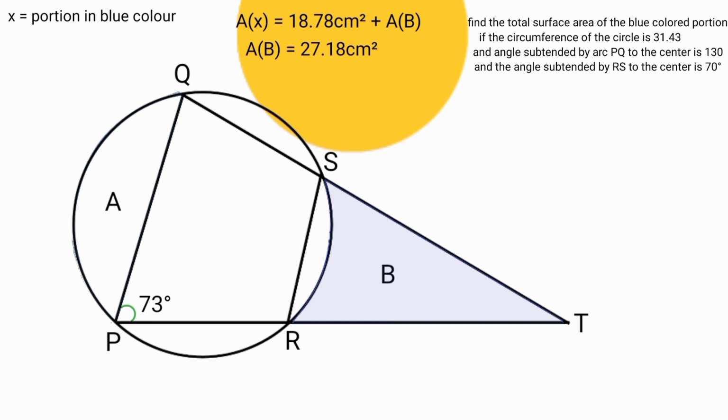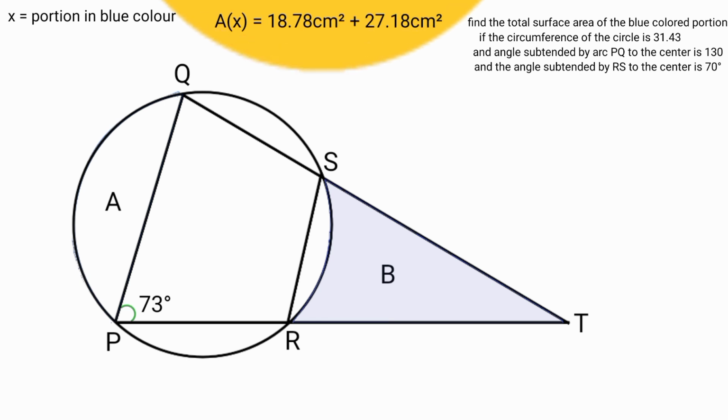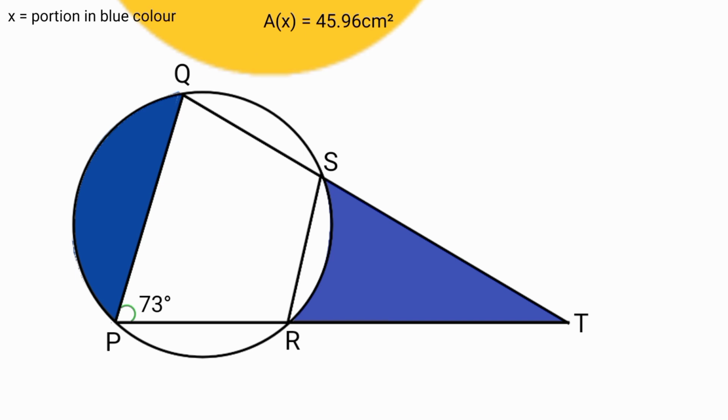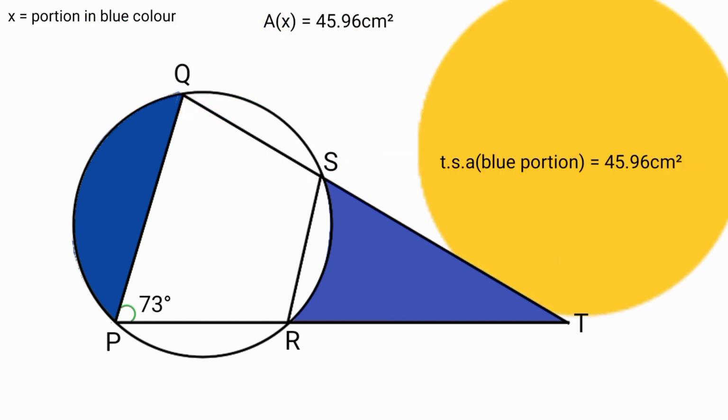Now if you come back to the original equation here, substituting area of V equals 27.18, area of X now equals 18.78 centimeters squared plus 27.18 centimeters squared, which is equal to 45.96 centimeters squared. And recall, X is representing the total surface area of the blue colored portion. So therefore, the total surface area of the blue colored portion now is 45.96 centimeters squared. Thank you.